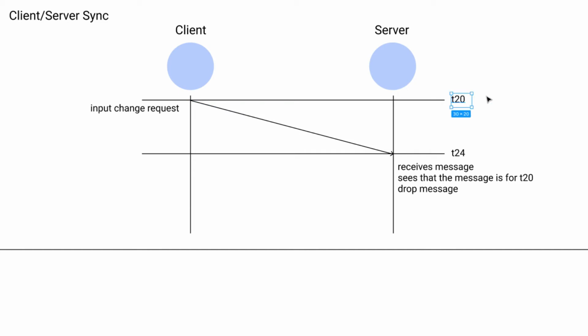Say we're on tick 20 here, the client would want to be on tick 24 at this point. So when it sends this input change request, it timestamps it with tick 24. When it arrives, the server doesn't see that it's for tick 20 and drop it. It sees that it's for tick 24, and it just processes the message.